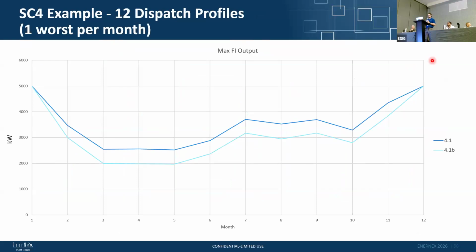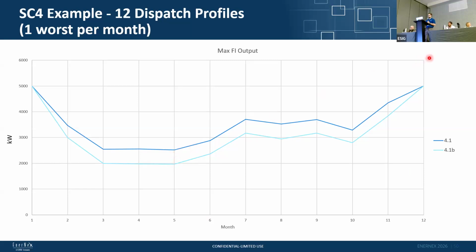What does it look like for the monthly limit curve? Along the x-axis here is months, and on the y-axis is the kilowatt limit for the plant itself. You'll see in the next slide, for the month of May, you get about 2,000 kilowatts for 4.1b, and it's like 2,500 kilowatts for 4.1.